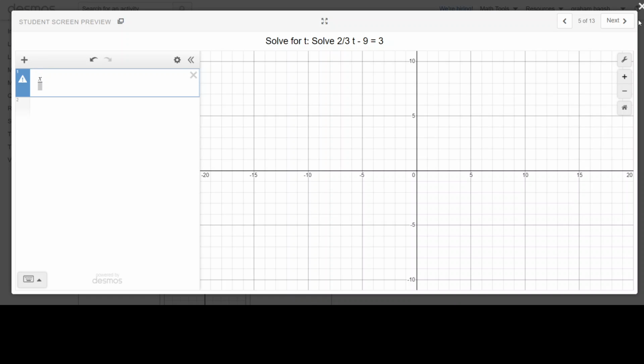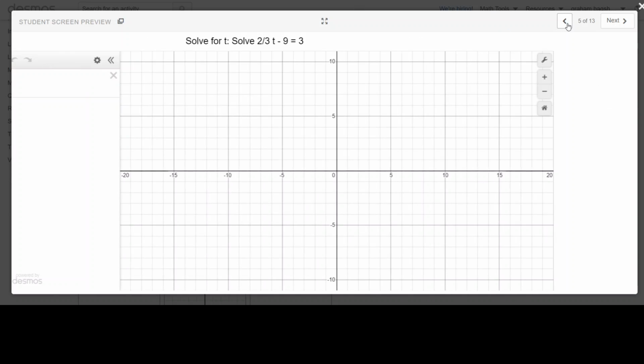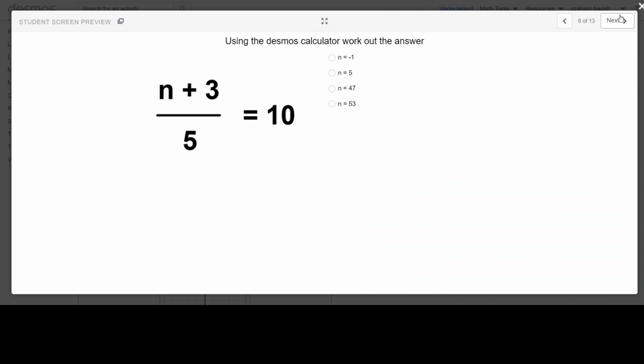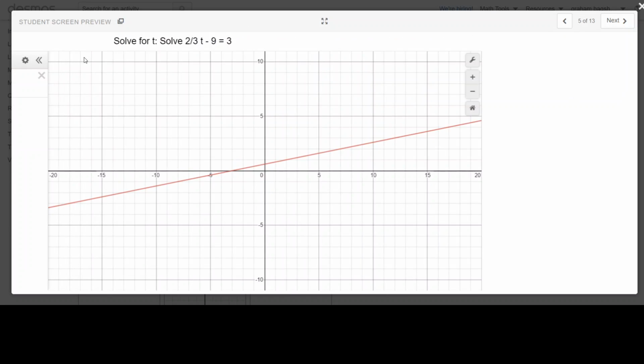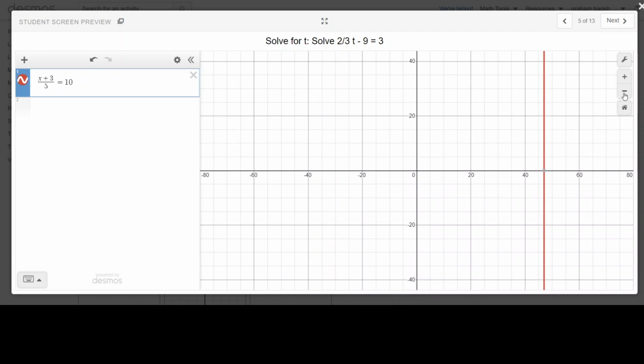Let me just go back and check. N plus 3. So I'm not going to use n, I'm going to use x. So I got x plus 3 divided by 5. And let me just check what it equals. It equals 10. So as long as I type in my x, I'm just looking for where it crosses.